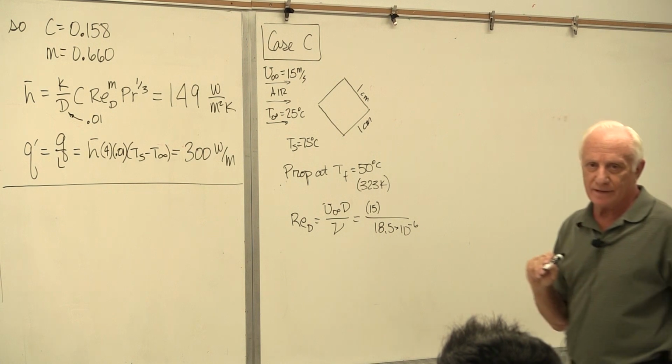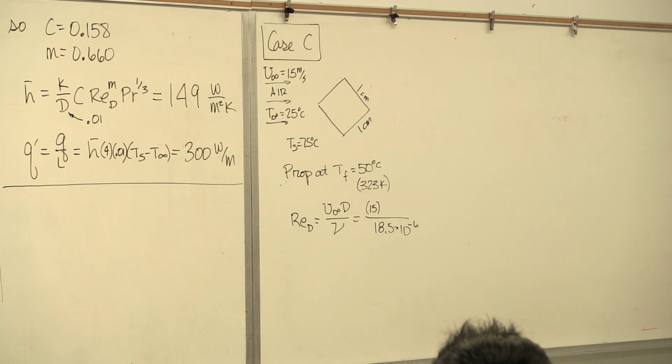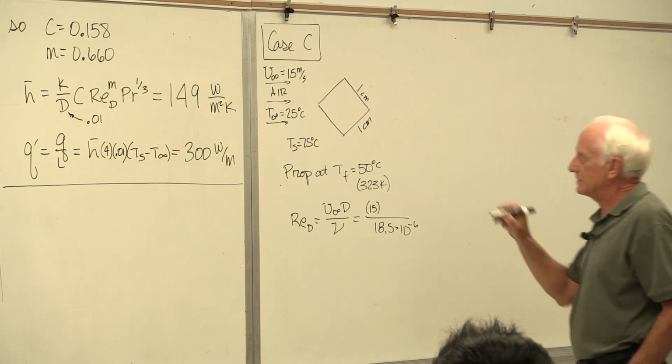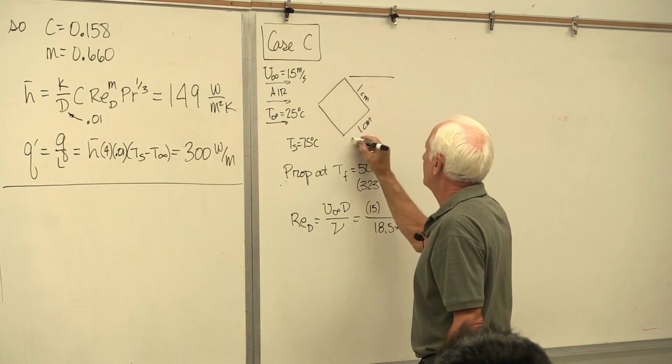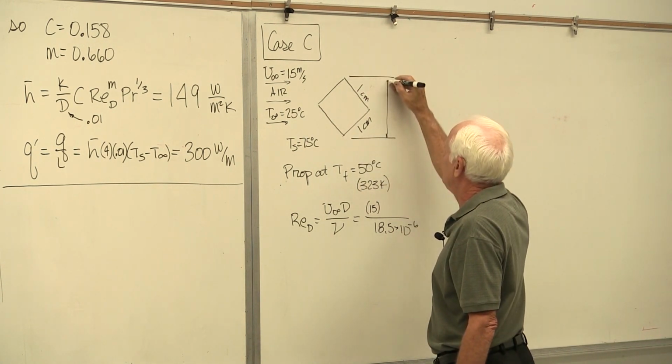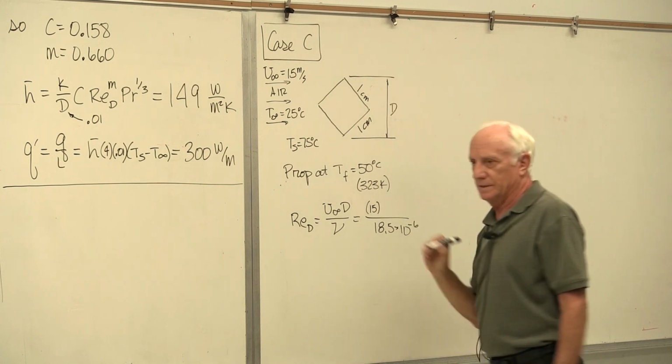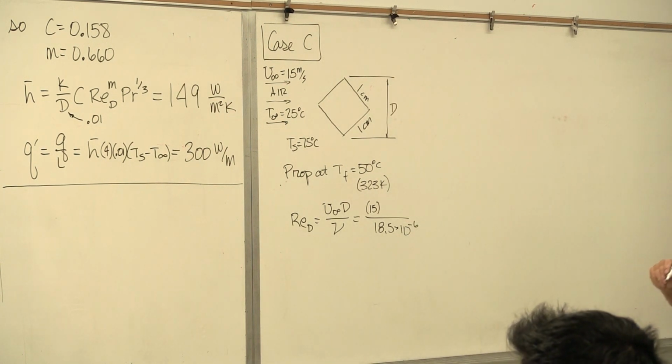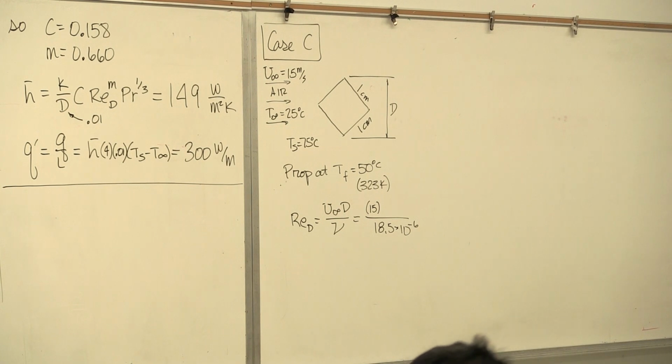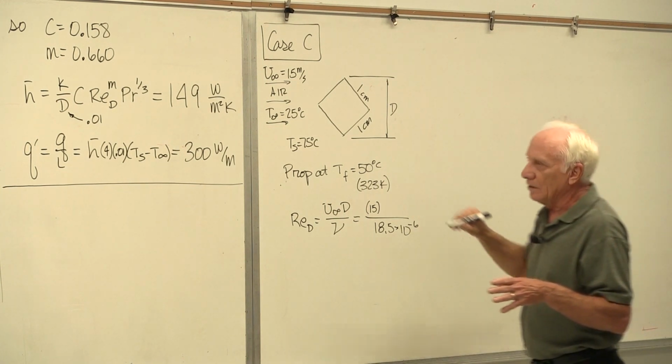D is not a diameter. D is a distance. What distance? In the book, it shows you the distance D is a distance from the top to the bottom of what the air sees approaching the tube. That's D, the distance from the top to the bottom of what the air sees approaching the tube. What is D?